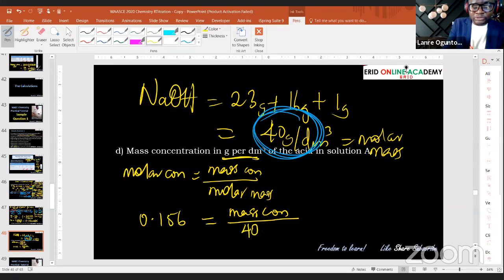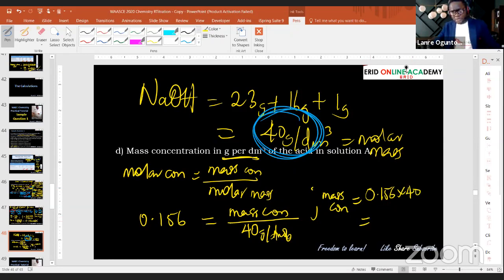Essentially, your mass concentration will be equal to 0.156 times 40, which gives us 6.25 grams per dm cube. This is brilliant and wonderful.